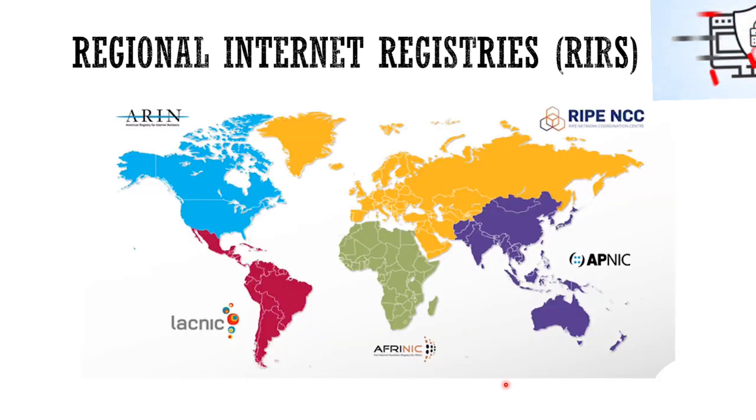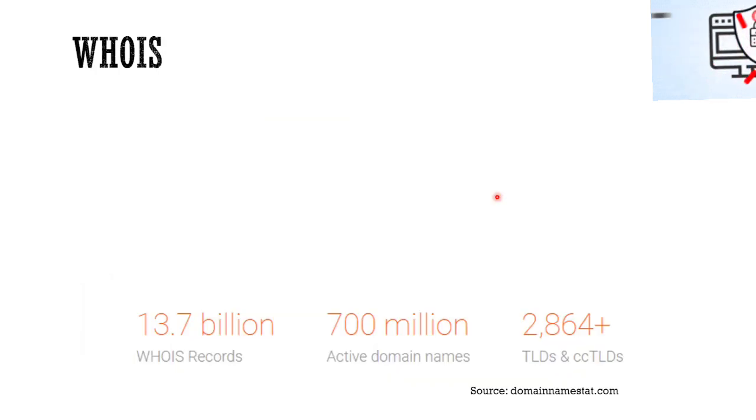So what is whois? Now, a lot of people think that it's actually a database. It's not a database per se. Whois is actually a protocol for querying a database and getting responses. So when I say protocol, I don't mean like TCP or IP. I mean, however, a set of rules for querying and getting responses, which makes it a protocol.